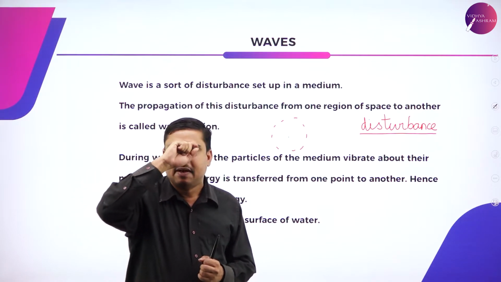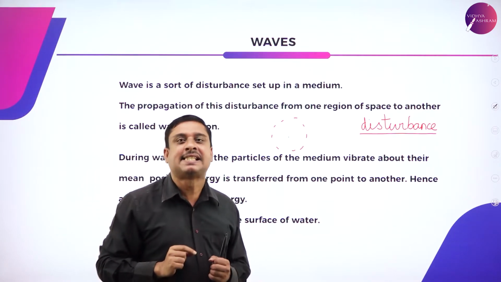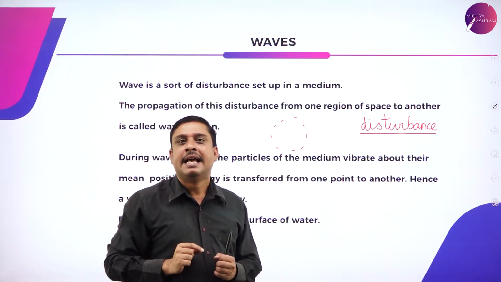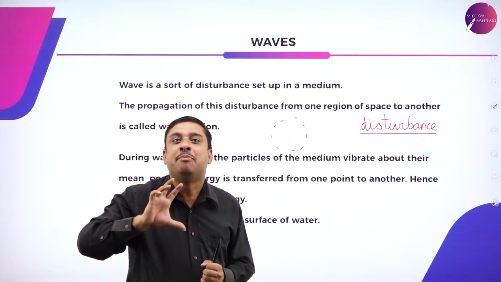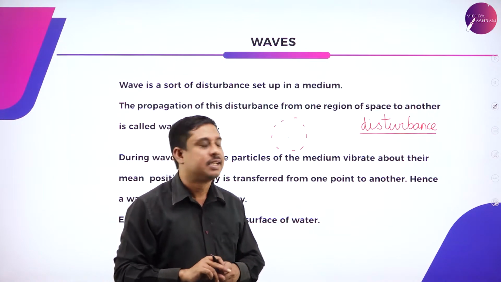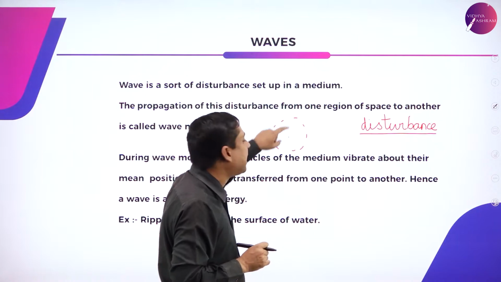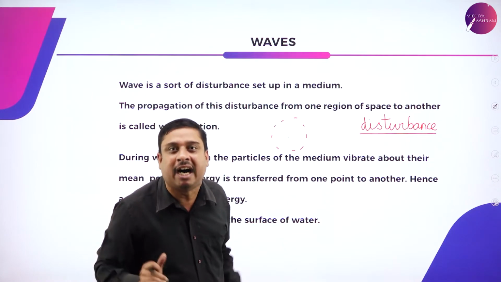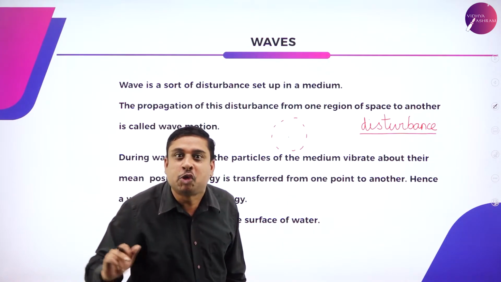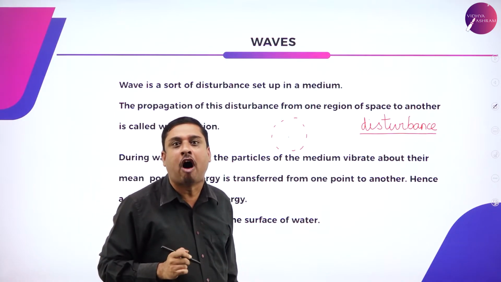The point where it strikes the surface is called the impact point. Immediately, the neighboring region is disturbed. Circular pattern is formed.